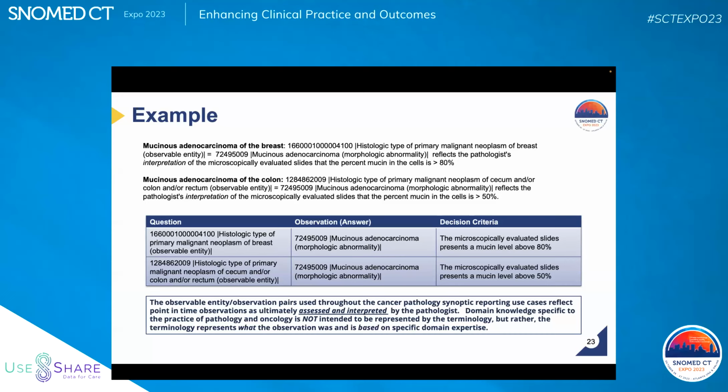In the United States, we still use a 4-tiered grading system, GX through 3, where GX is we don't know, 1 is well differentiated, and 3 is a mess. And elsewhere in the world, they use the World Health Organization 5th edition Blue Book method, which says high or low. So we did that intentionally, and Paul and others were very engaged in that.